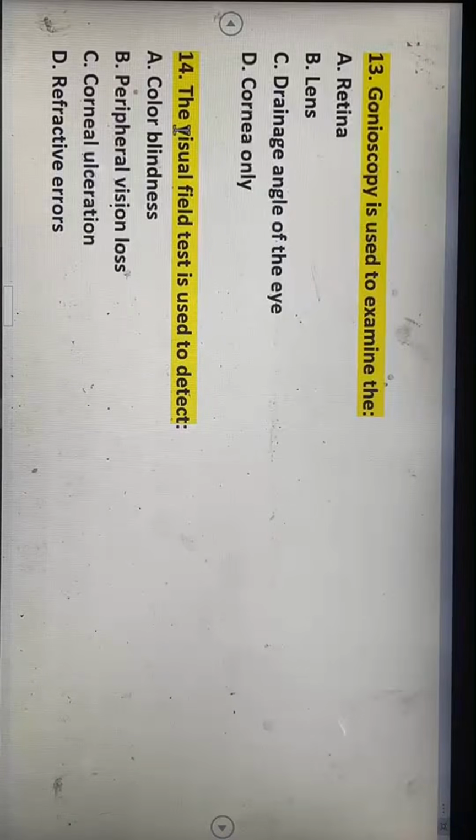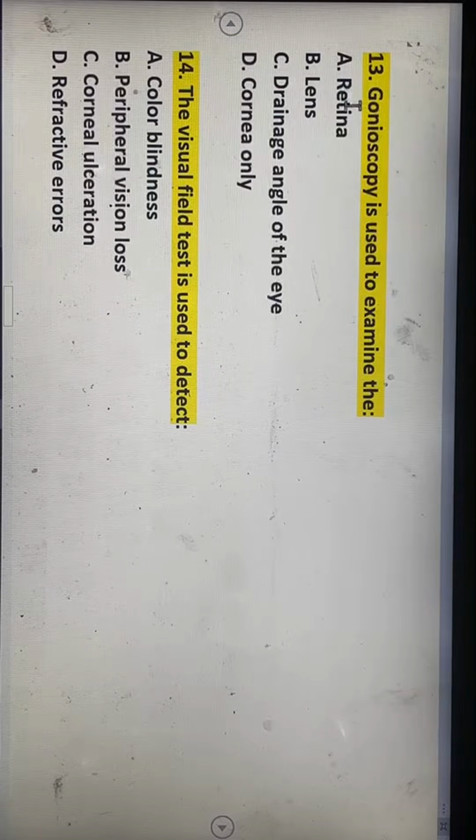Number 14, the visual field test is used to detect A, color blindness, B, peripheral vision loss, C, corneal ulceration, and D, refractive errors.